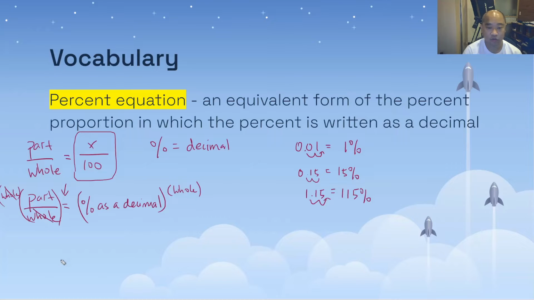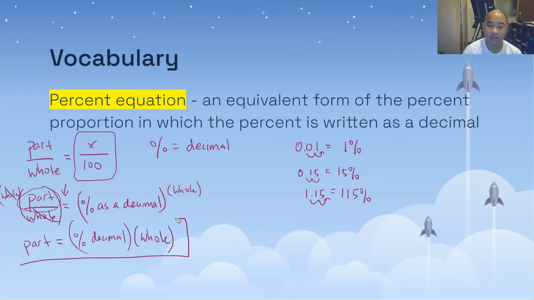So the wholes cancel out here, and on the left side, all we have left is part. And on the right side, now we have percent as a decimal times the whole. And this is the percent equation.